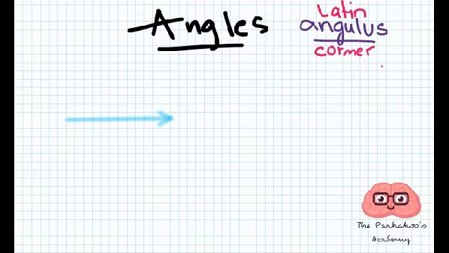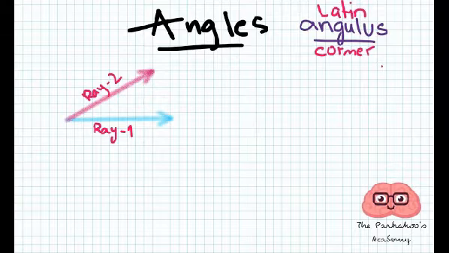Let's suppose we have this ray 1 and we have another ray which is ray 2. Now if you notice, ray 1 and ray 2 meet at a common point. The point at which these two rays meet together, they form an angle.